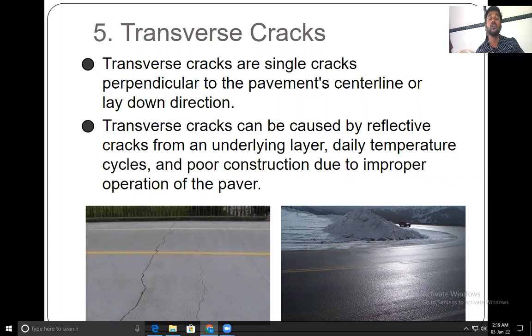Poor construction and improper operation of the paver may also contribute. The temperature cycle, the frequent rise and fall of temperature, may cause fatigue action. Due to that also the transverse crack may develop. You can see in the figure when transverse cracks are there.